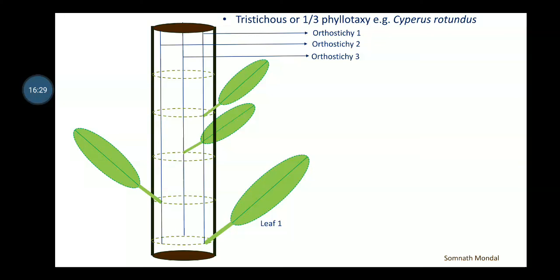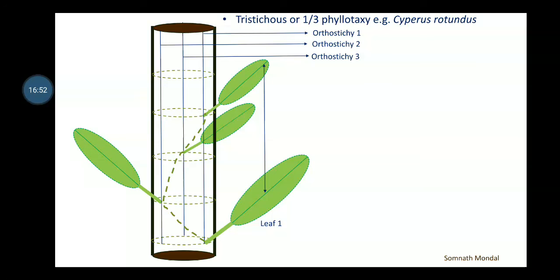So let's draw the genetic spiral from leaf 1. If we draw the genetic spiral, then we can see from leaf 1 to the leaf exactly above leaf 1, there are how many leaves? There are 3 leaves. And there are how many orthostiches? There are 3 orthostiches.